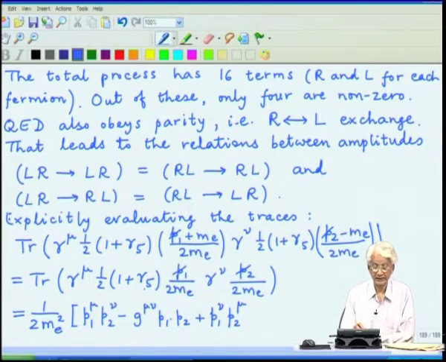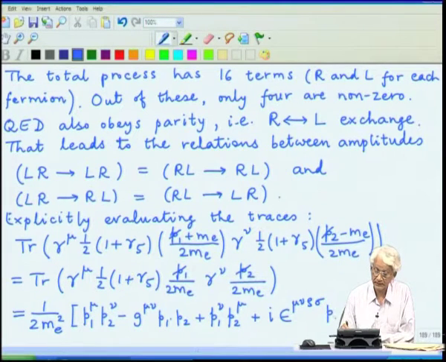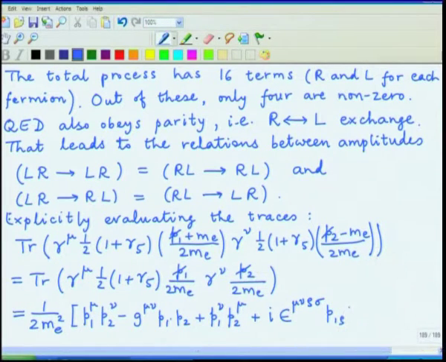And the gamma 5 is now contracted with 4 gamma matrices, mu, p 1 slash, nu, p 2 slash, and that has to be evaluated by its own trace definition, and the result is the epsilon symbol multiplied by the 2 momenta with the corresponding indices.